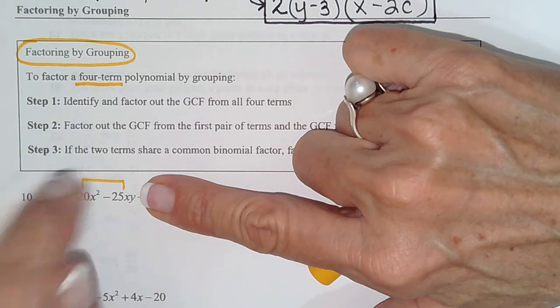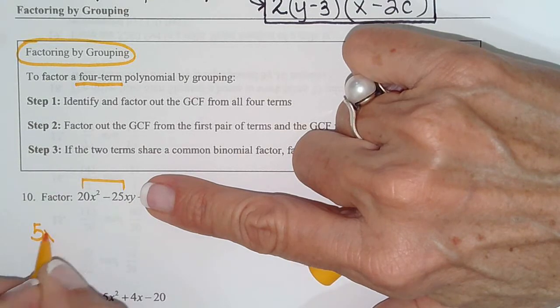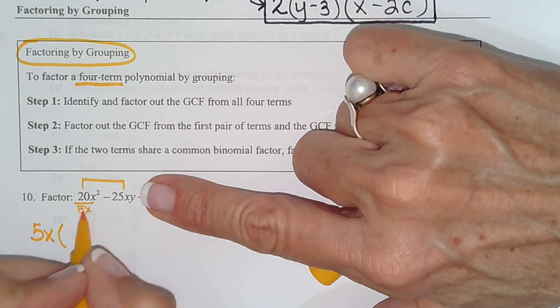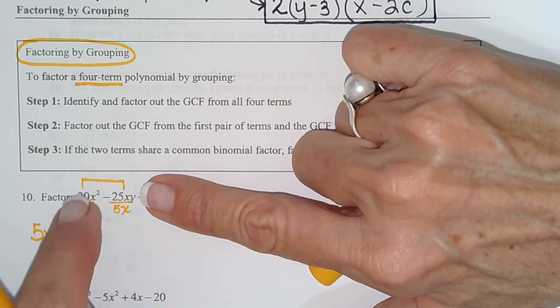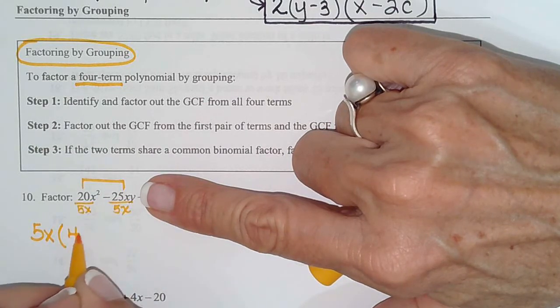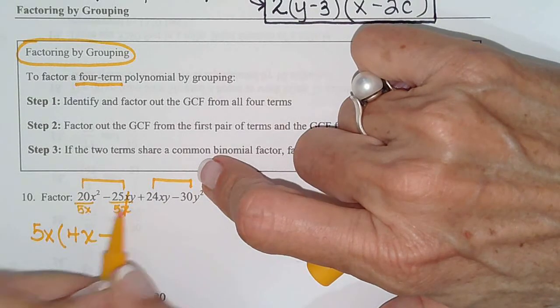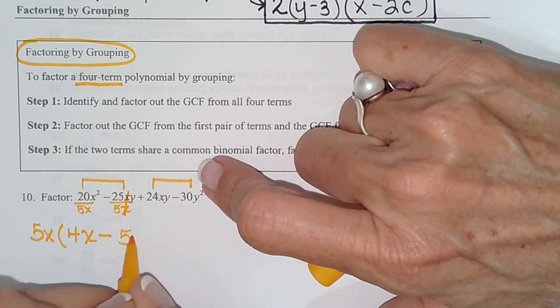There's not a y common, but there is an x, and I take the smallest exponent, so x to the first. So then, just like before, I divide each of these by 5x and see what's left. So this would be 4, 2 minus 1, x to the first, minus, here the x's cancel, so I'd get 5 and a y.